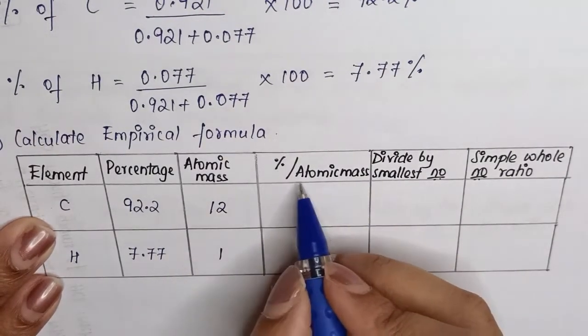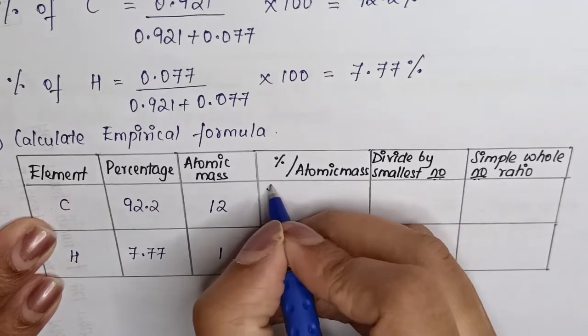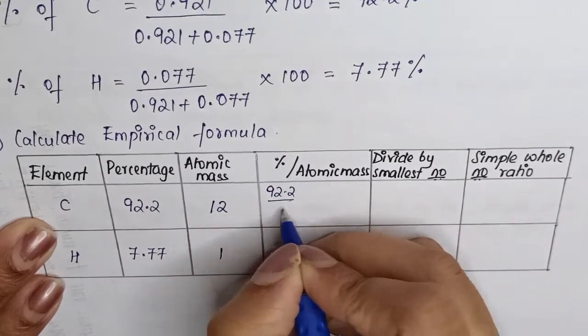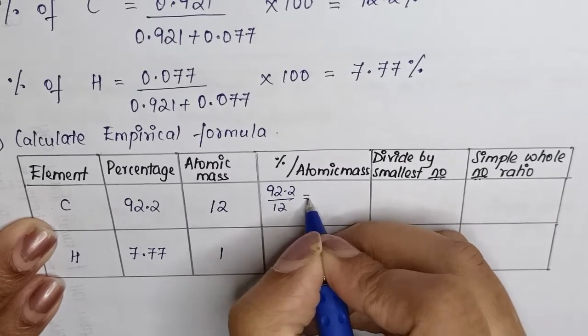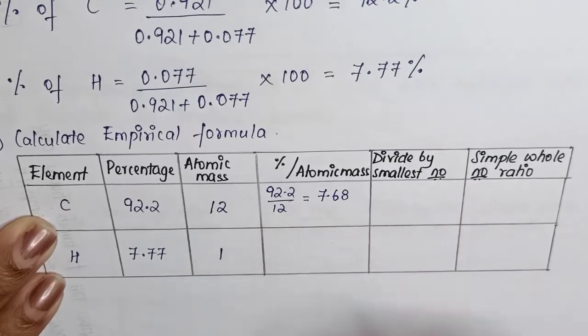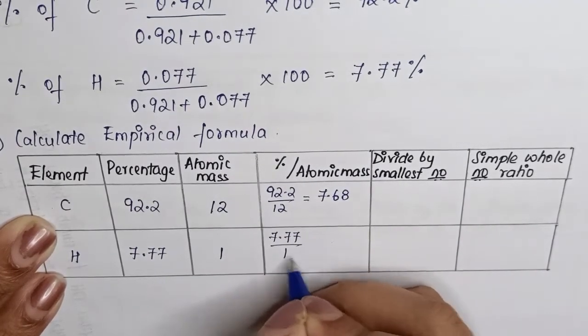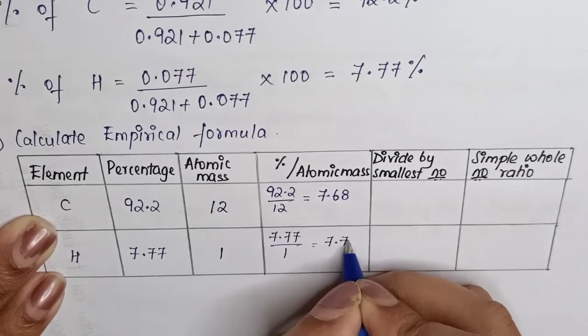Now we have to divide this percentage by atomic mass. So when we divide it, 92.2 divided by 12, we should get 7.68, and this one is 7.77 divided by 1, which will be 7.77.